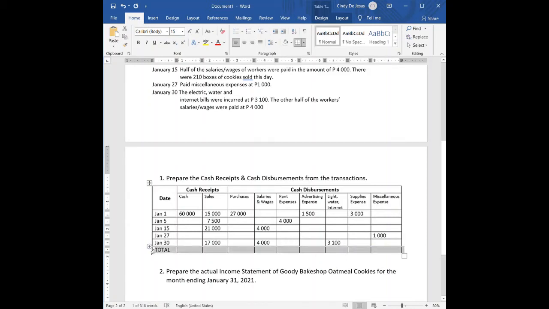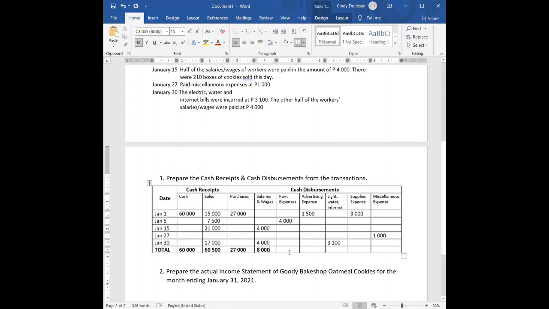So, this is what you will do. Total, which is, this one is of course 60,000. Then 500, it's 60,500. This one, of course, is still 27,000. This became 8.